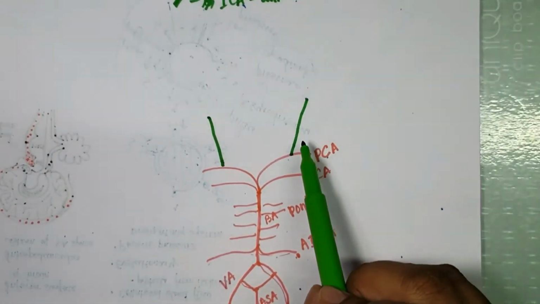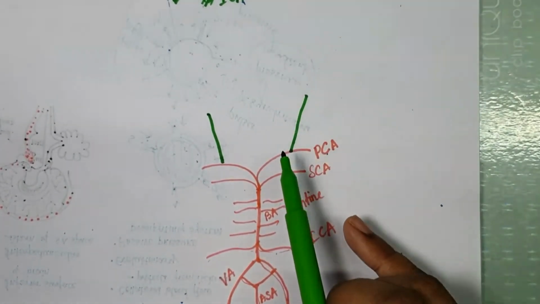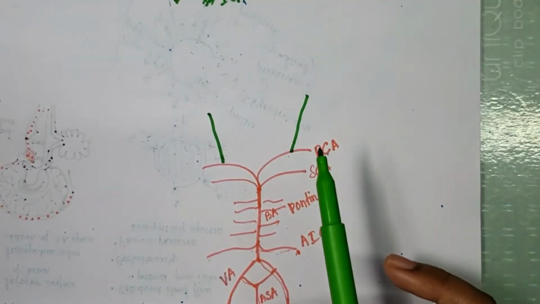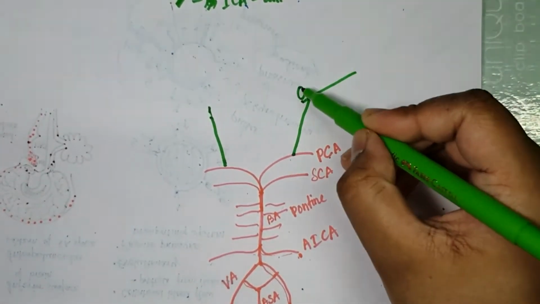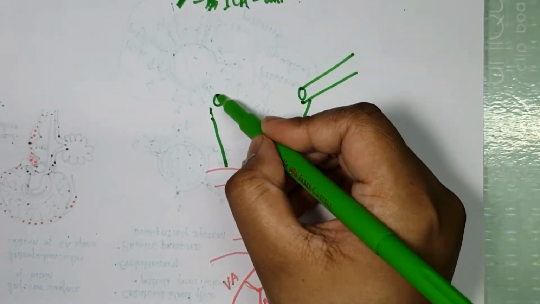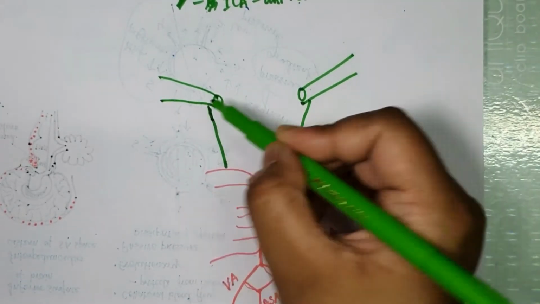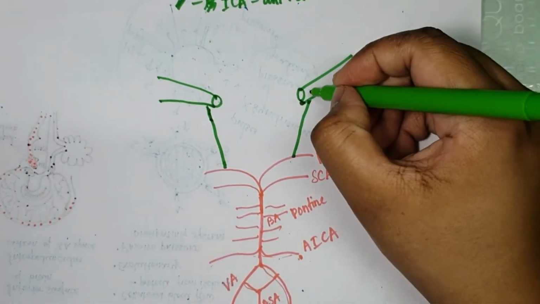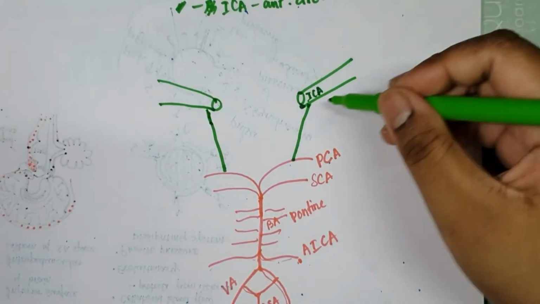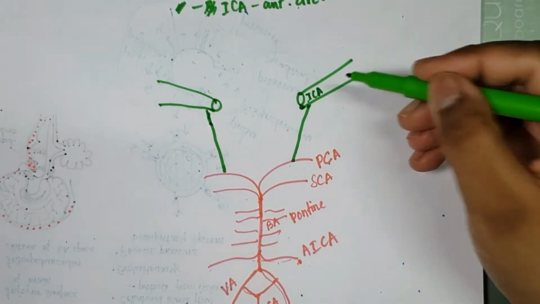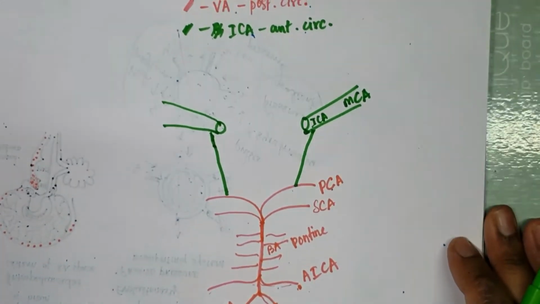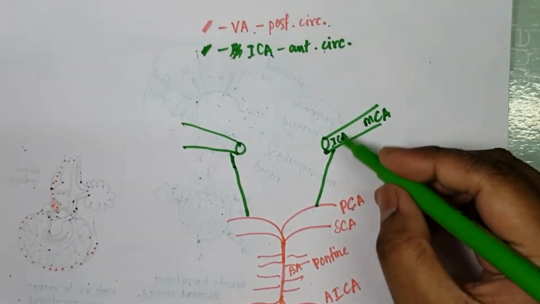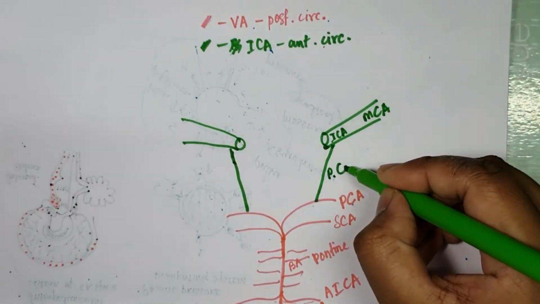Now remember, I'm drawing this in green because it's a branch of the internal carotid artery. So now this is coming from the internal carotid artery. Right, so this is the internal carotid artery. A branch of the internal carotid artery is the middle cerebral artery. And this here is the posterior communicating artery.